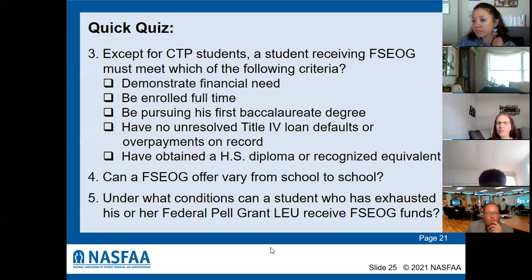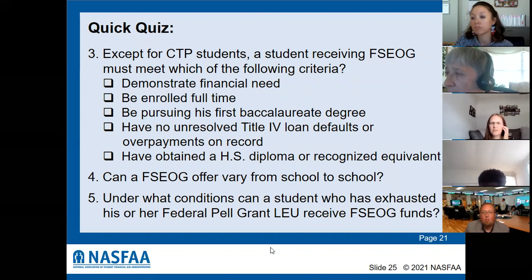Do they need to be enrolled full-time to receive SEOG? Correct, they do not need to be enrolled full-time. There's no enrollment requirement. Do they have to be pursuing their first baccalaureate degree? Yes, correct. Have no unresolved Title IV loan defaults or overpayments on record.